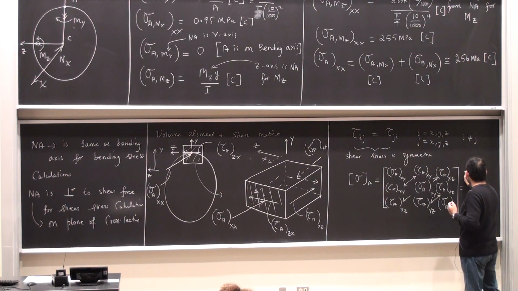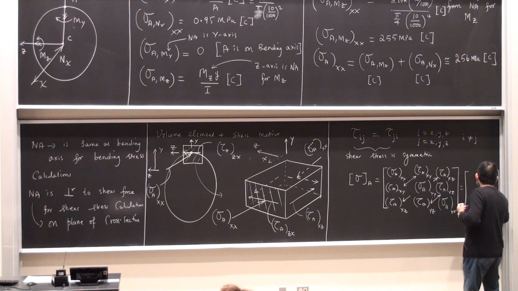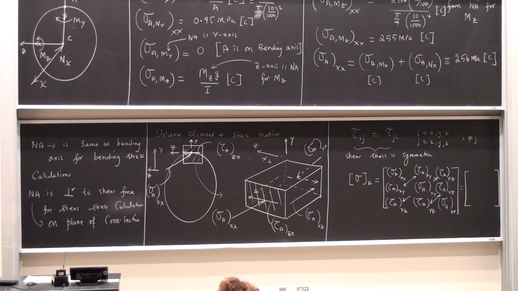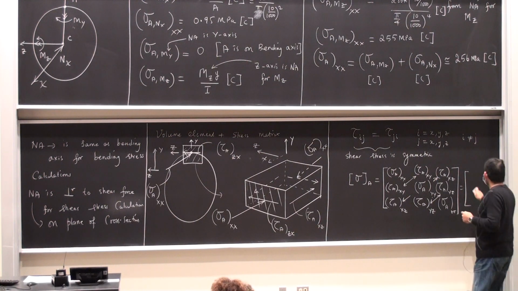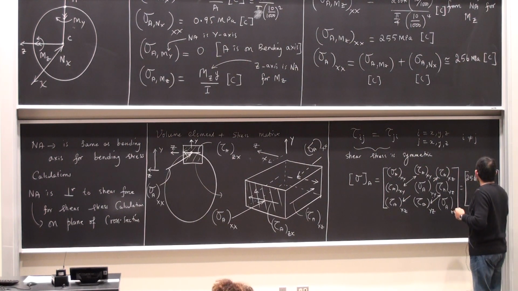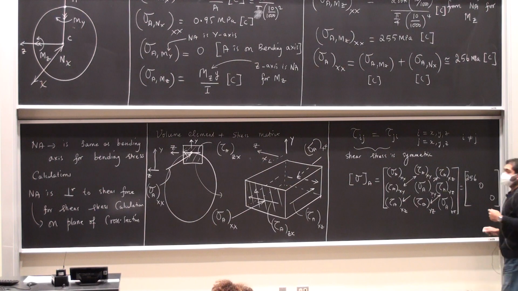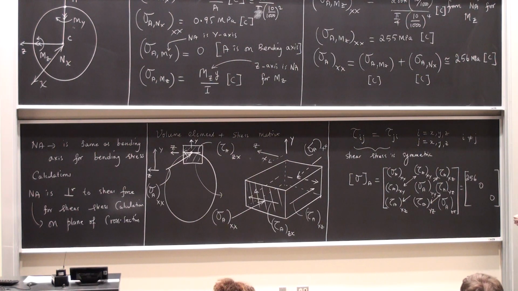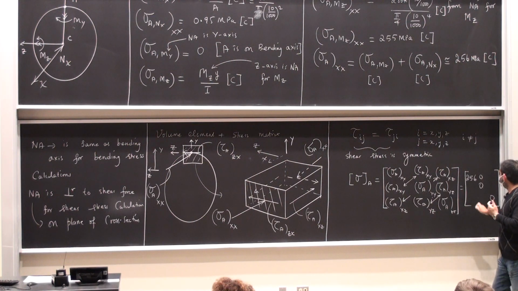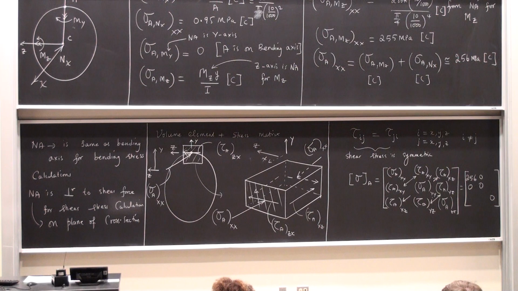So for us, sigma AXX has a value of 256 megapascals. The other two diagonal elements are 0 because there are no bending stresses there. Then the off diagonal element, tau AXY is 0. There is no XY shear stress, so this guy is also 0.